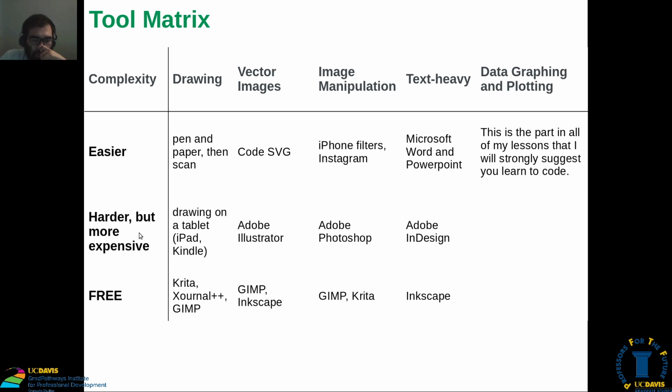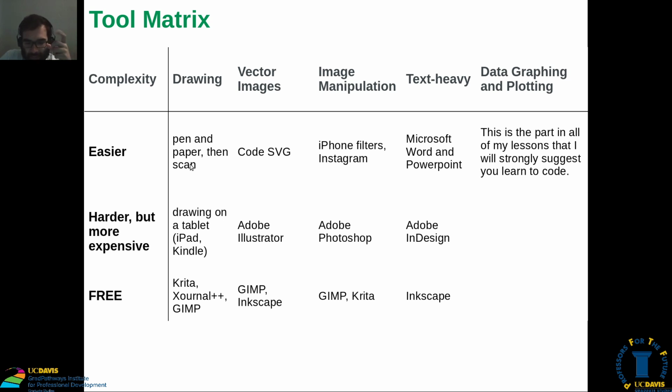So just for completion, looking at the tools, here's a little matrix that I have for complexity of an image and difficulty for different types of images. So first, if we're going to do a drawing, definitely the easiest is just pen and paper and scan.